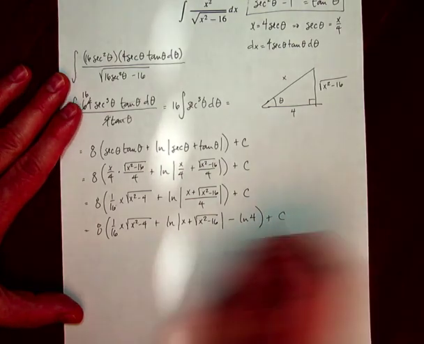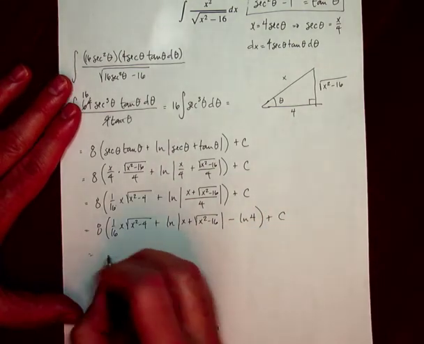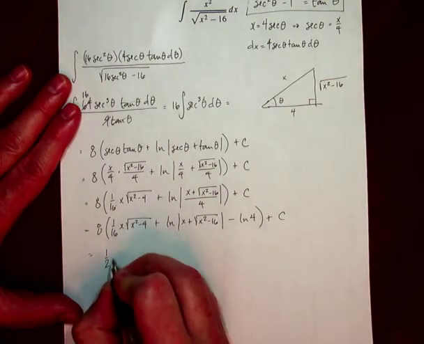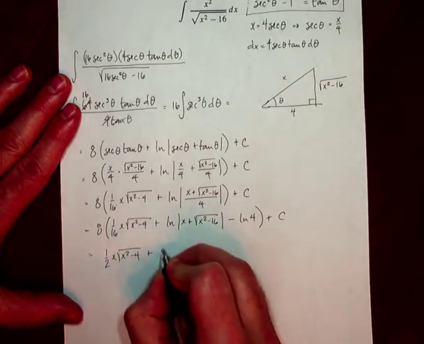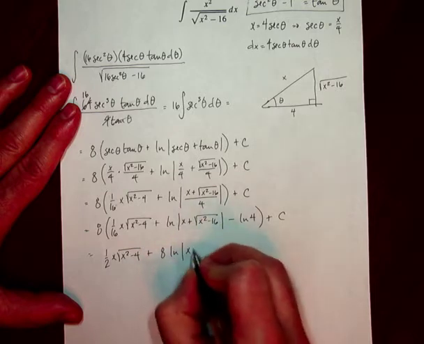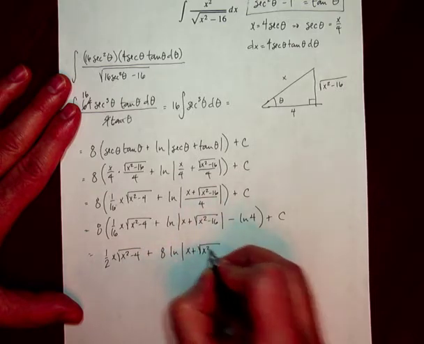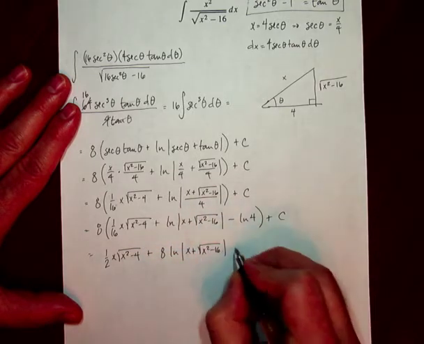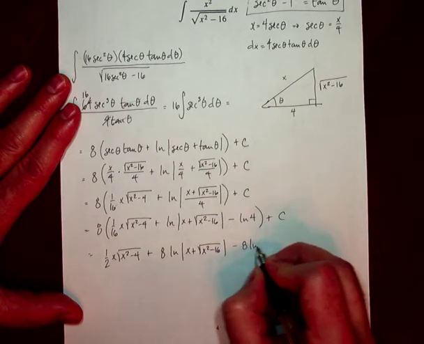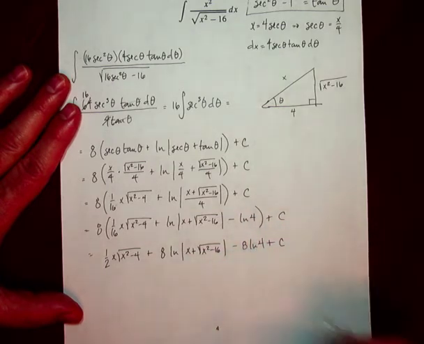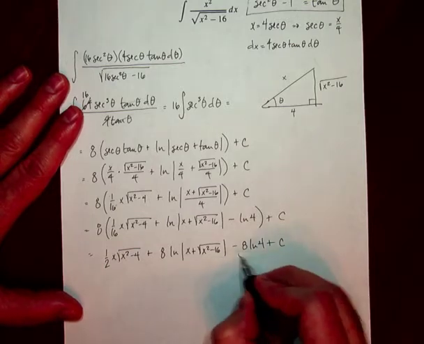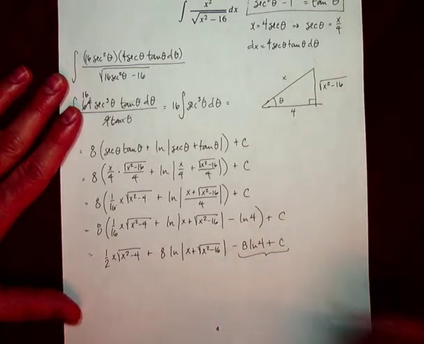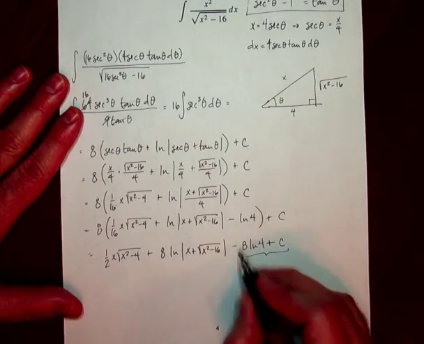Well, when I distribute the 8, right, I'm going to get 1/2 x square root of x squared minus 4 plus 8 times the natural log of x plus that square root, and then this is minus 8 natural log 4 plus c. Well, c is already some arbitrary constant, so what happens when I combine c, arbitrary constant, with a real constant?